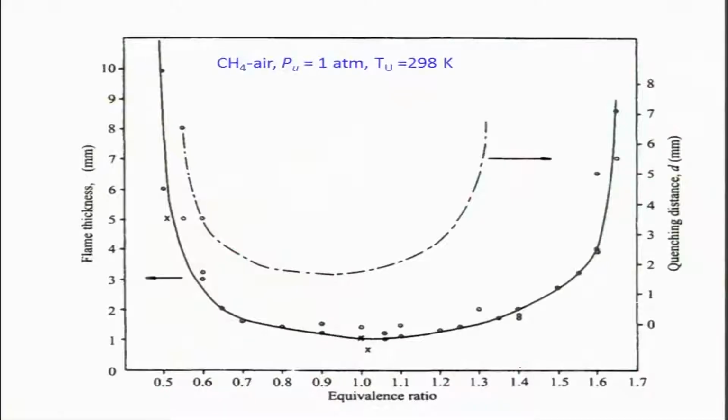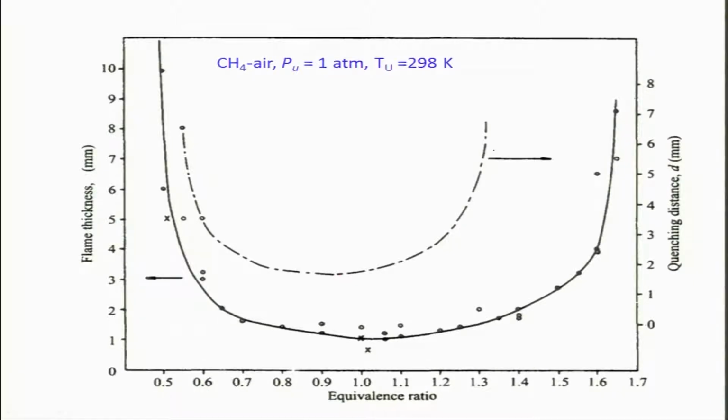So, let us look at some experimental data for that. This is the flame thickness, right, and this is the quenching diameter, versus equivalence ratio. The minimum quenching diameter occurs around equivalence ratio 1, with a little shift.